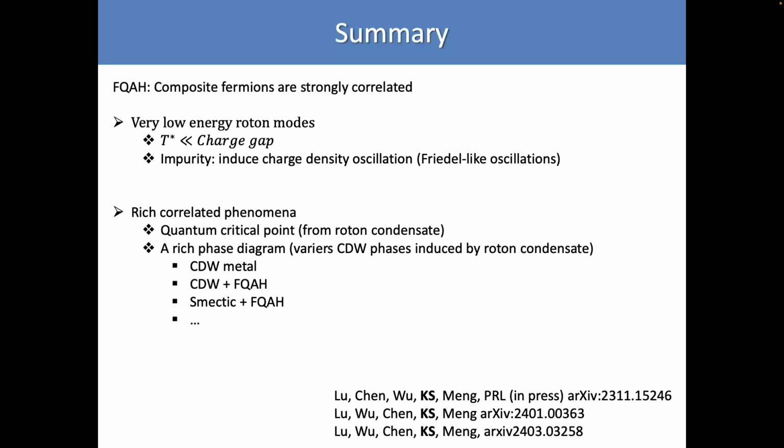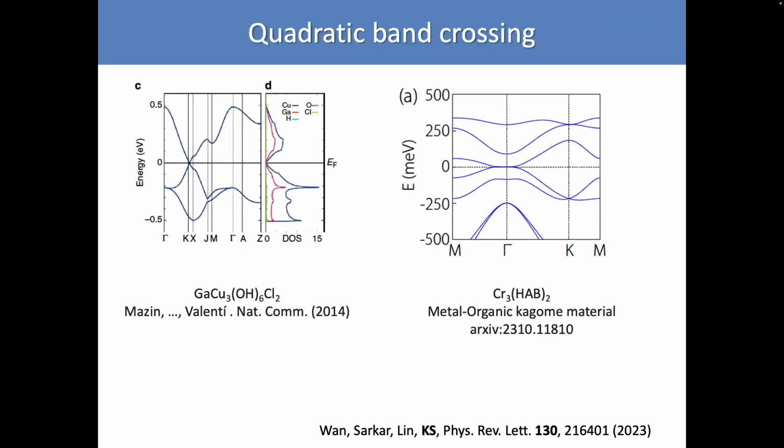Okay, so then I will skip the last part and just mention one quick conclusion. In the last part, I demonstrated that to get these flat Chern bands and the fractional Chern insulator, one doesn't necessarily need bilayers. One can achieve this by using just a single layer 2D material with quadratic band touching. Quadratic band touching basically means the dispersion is quadratic near the band touching.